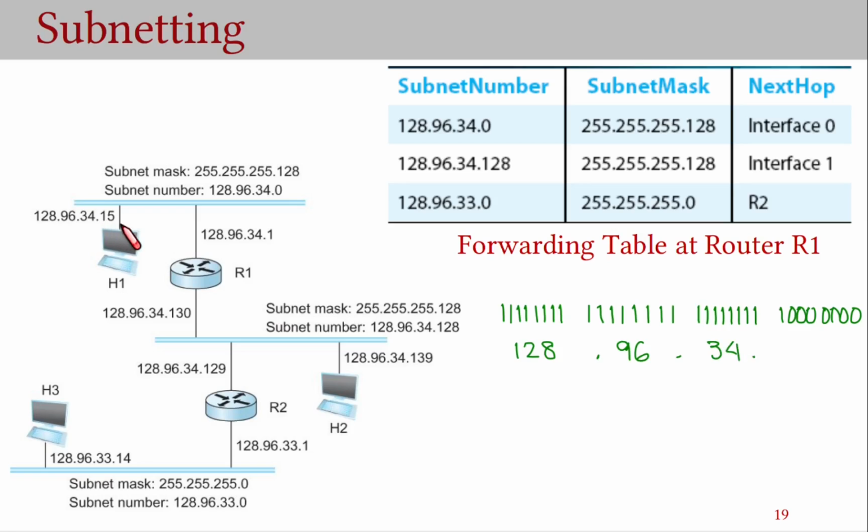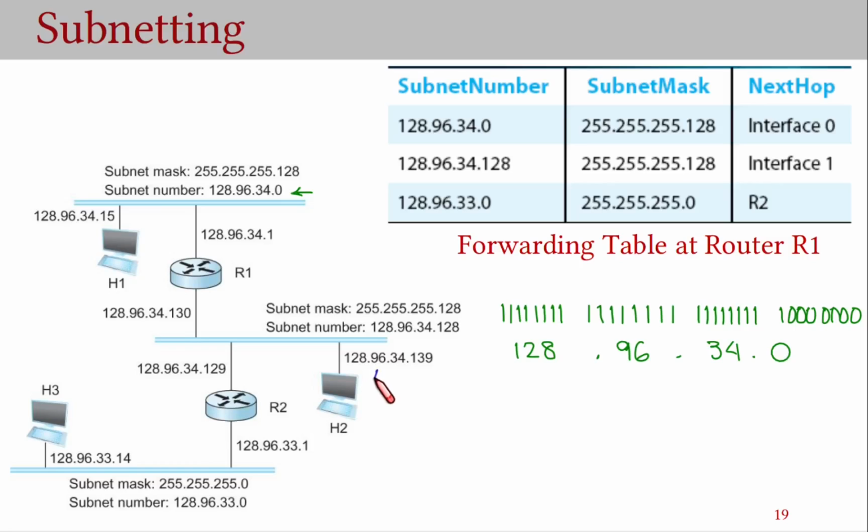Now 15 would have the first bit 0, right? So this is going to be 0. And so this is the subnet number corresponding to this IP address using the subnet mask, which is shown here. So all the hosts on this subnet will have exactly the same subnet number.